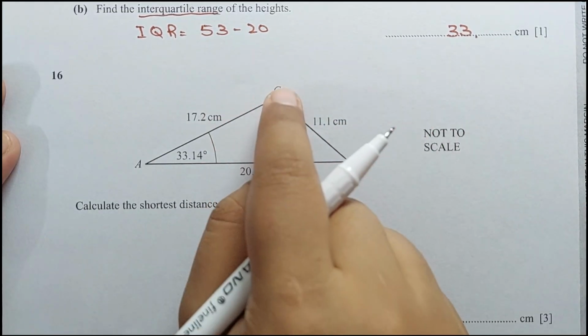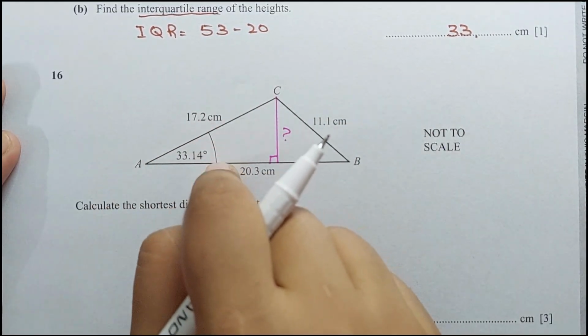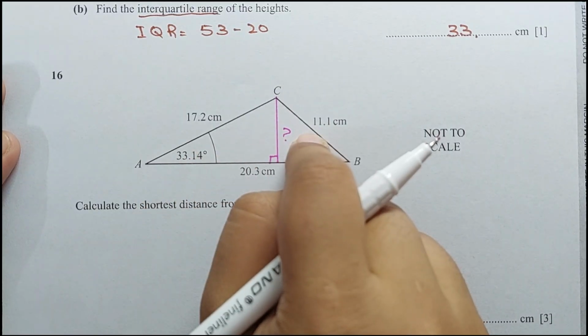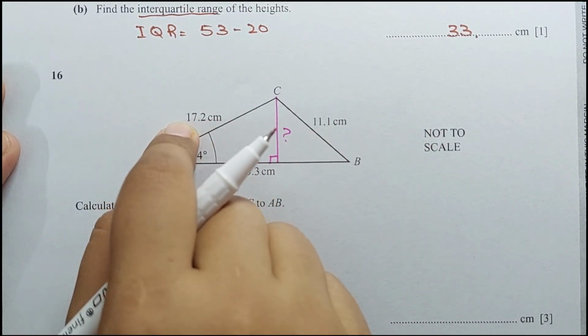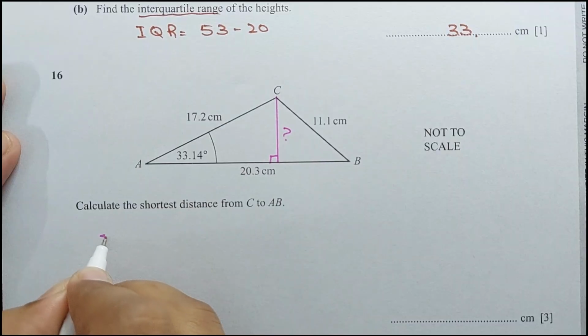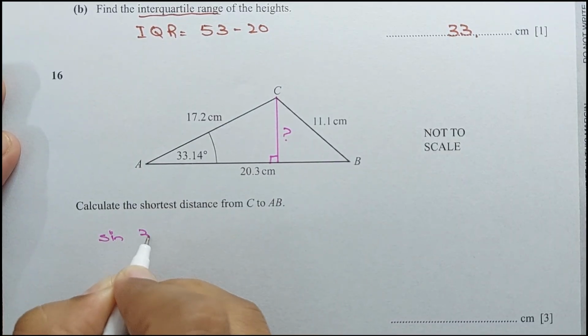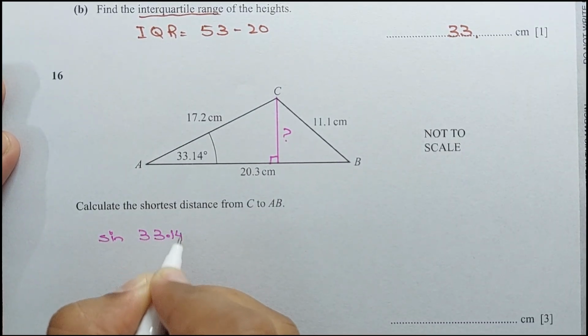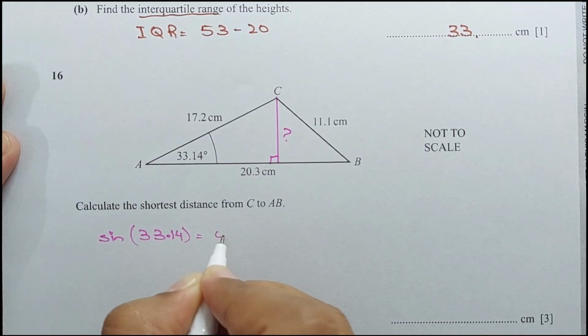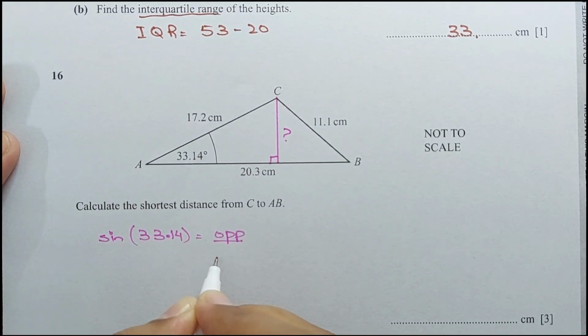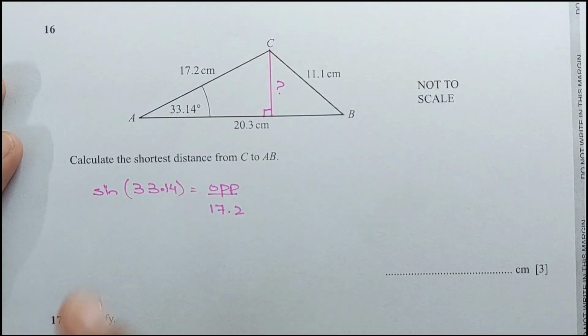Okay. So we know this side AC, and we know the angle A. The side in front of the angle is the opposite, and this is the hypotenuse of that right-angled triangle. So we can use the trigonometric ratio of sine. Sine of 33.14 degrees equals the opposite over the hypotenuse, which is 17.2. The opposite is the perpendicular distance, right?